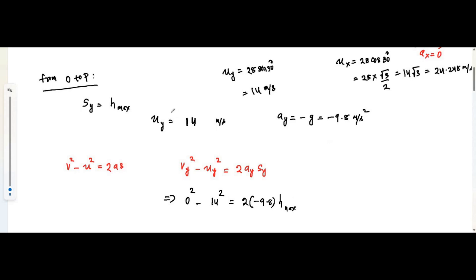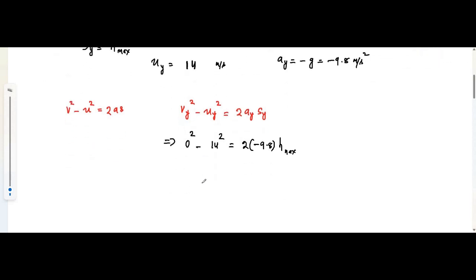So that implies minus 14 square is equal to minus 2 into 9.8 into h max. So both sides minus minus get cancelled. So that implies h max is equal to 14 square by 2 into 9.8.